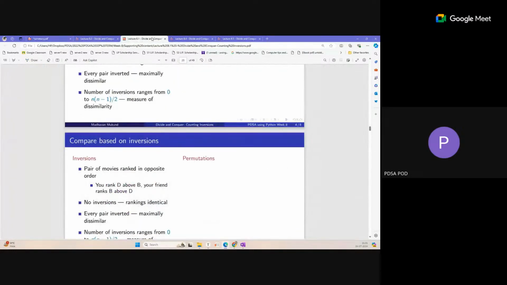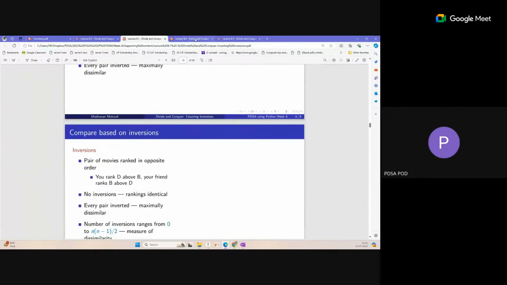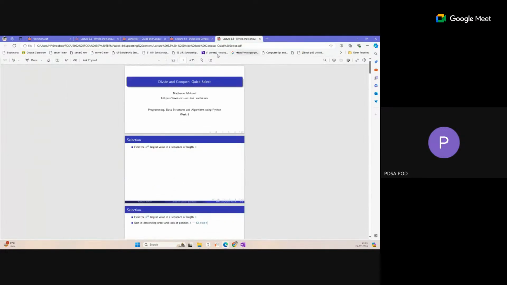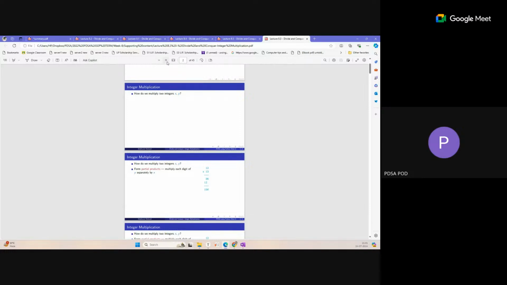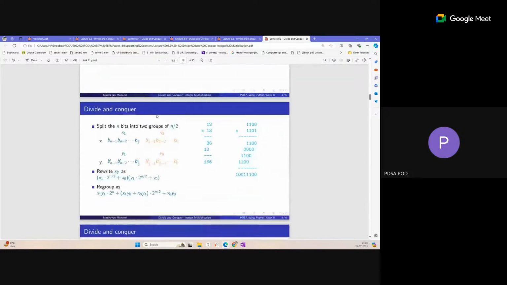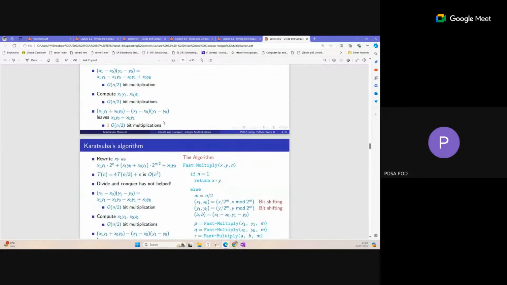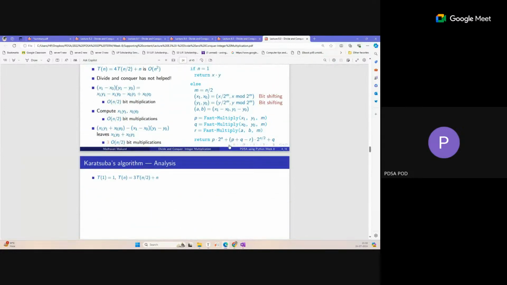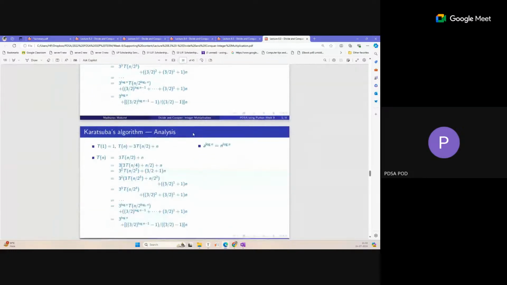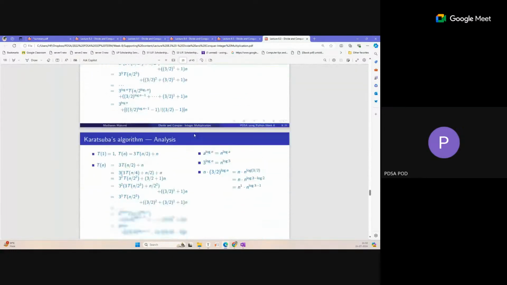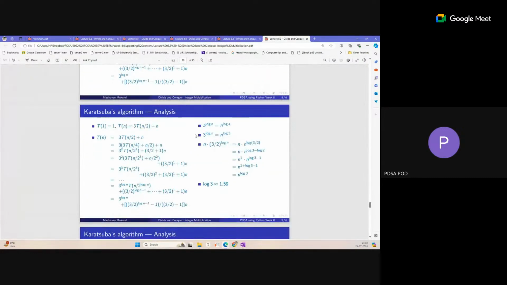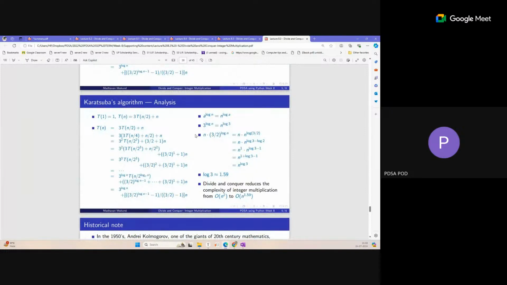Let me open one second. Yeah, this one. Okay, so the final Karatsuba complexity is different. This is the complexity we are getting.